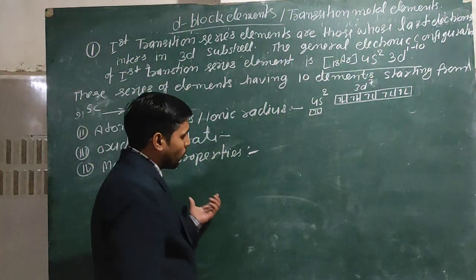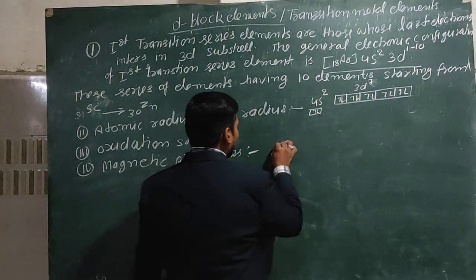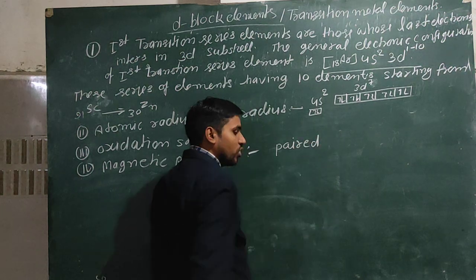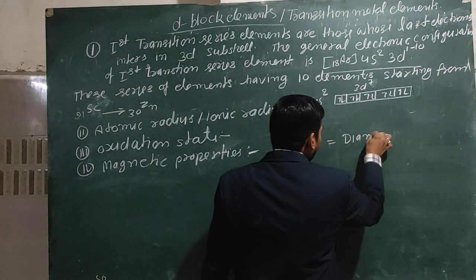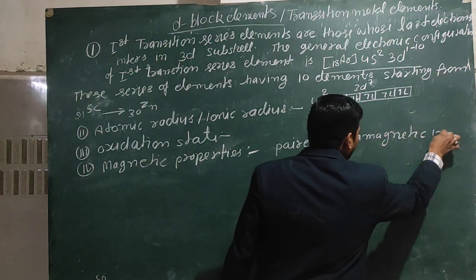You can explain that all those 3d transition series elements which have paired electrons in their outermost shell are always diamagnetic in nature.